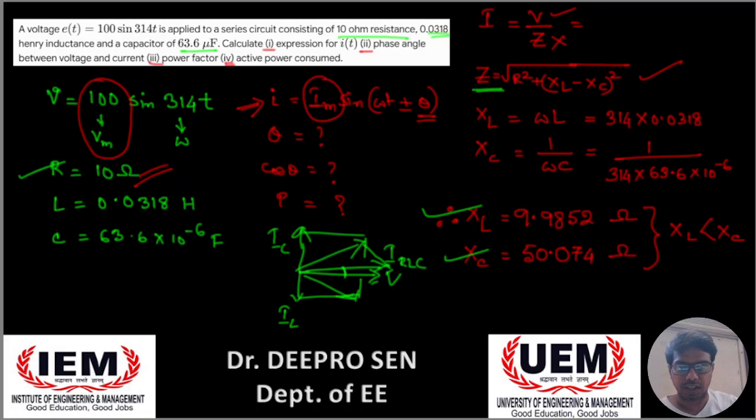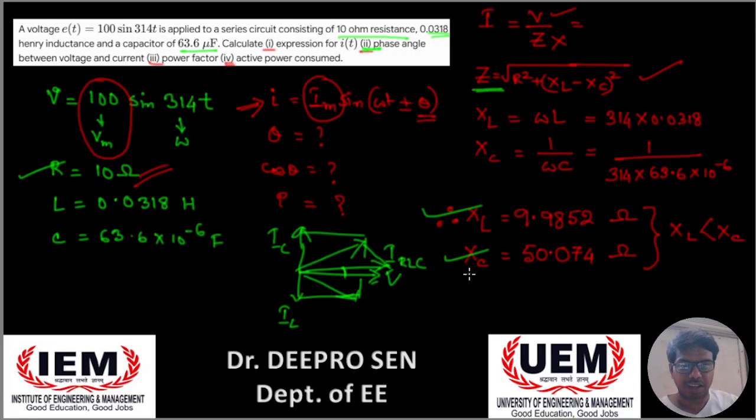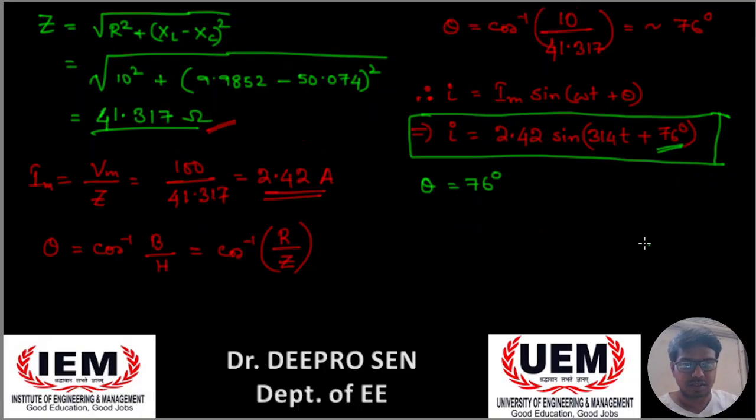Now let us go to the next part, phase angle. I guess phase angle we have already found out, that is 76 degrees. Theta is 76 degrees. Leading or lagging, we have already found out: XC is greater than XL, or XL is less than XC. So that means the 76 degrees will be leading.